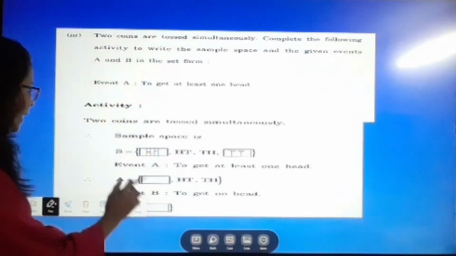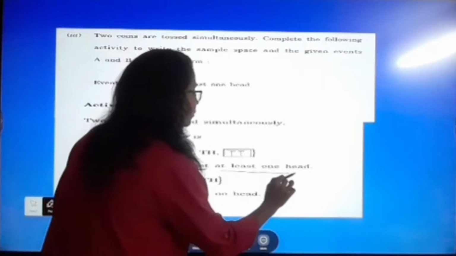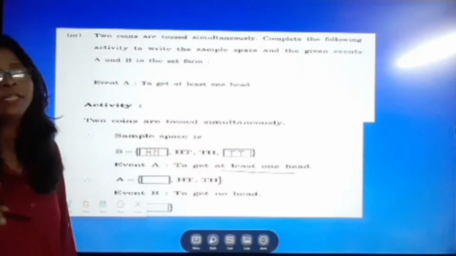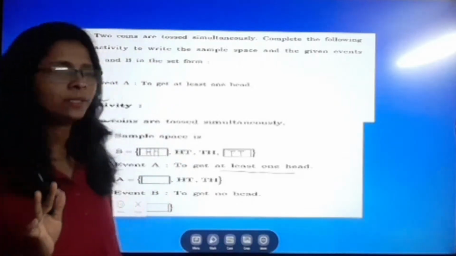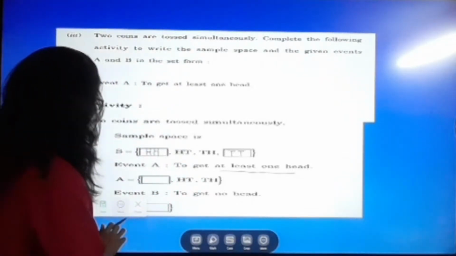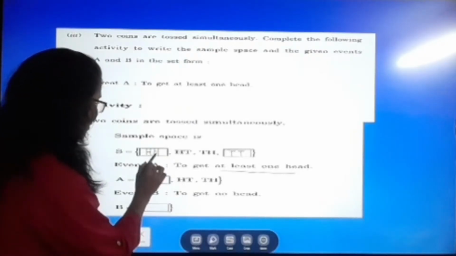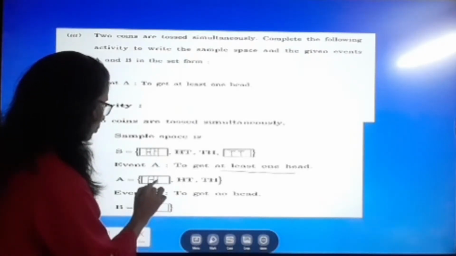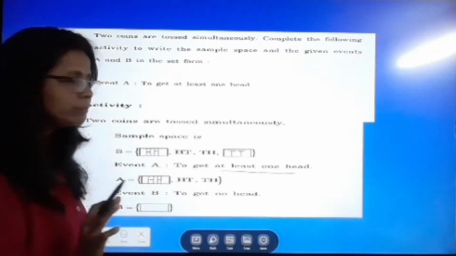Okay, and then next one, event A, to get at least one head. Yes students, we want at least one head. So that means here students, A is equal to at least one head, that means HH. Yes, it is possible. Then HT and TH.